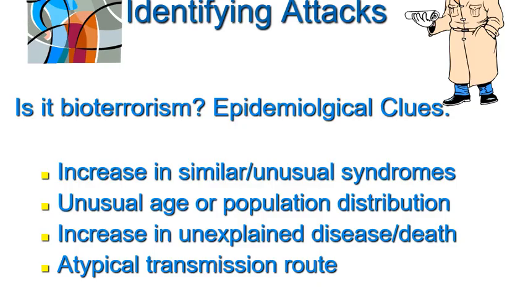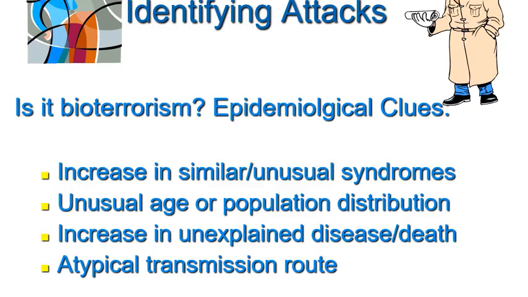So, for example, an increase in similar or unusual syndromes, an unusual age or population distribution. So say you have a bunch of adults coming into your emergency room or walk-in clinic or doctor's office with what looks like chickenpox. But that's not usually something that is seen in adults.